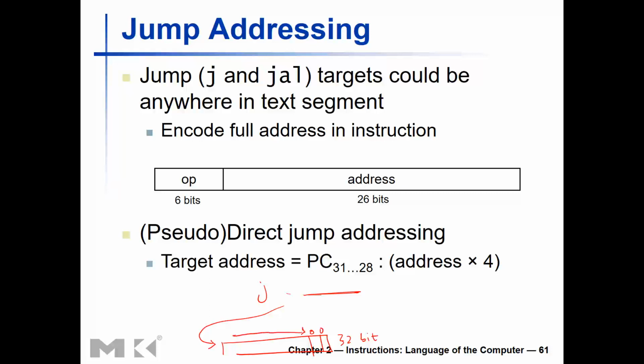The next 26 bits are saved in the instruction. The upper four bits are coming from the jumping instruction, because the upper four bits of the address of the jumping instruction and the target are the same. So these 26 bits have to be saved in the instruction. The two zeros are always there. The upper four bits are shared between the jumping instruction and the target instruction.